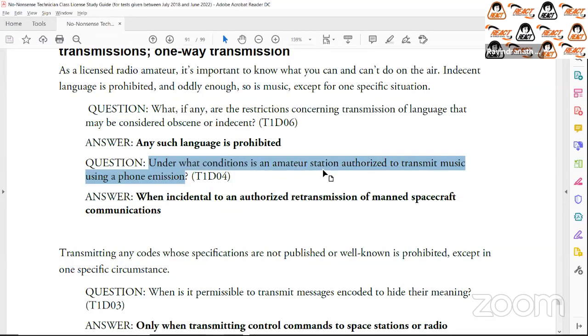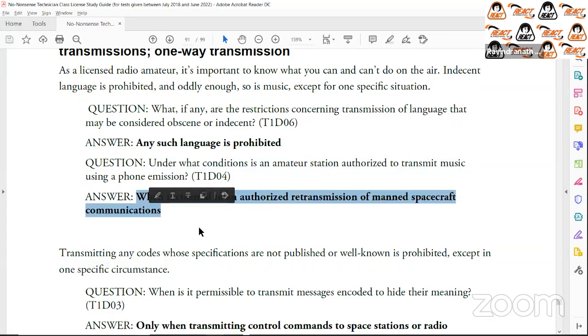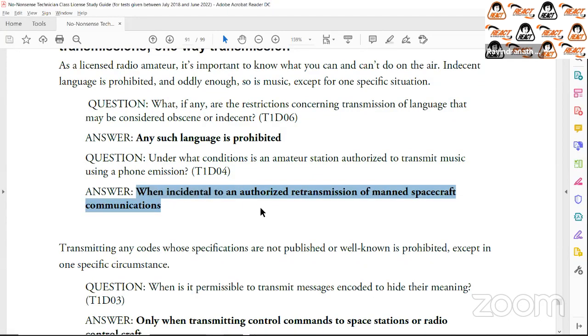All right, so coming to Anthony's question. Under what condition is an amateur station authorized to transmit music using phone emission? All right, so remember phone is voice, right? And they're saying that the exception is when incidental to an authorized retransmission of manned spacecraft communication. So in other words, I could think of it as, okay, the ISS is a manned spacecraft, and you have an astronaut that is, let's say, transmitting greetings for Christmas, right?